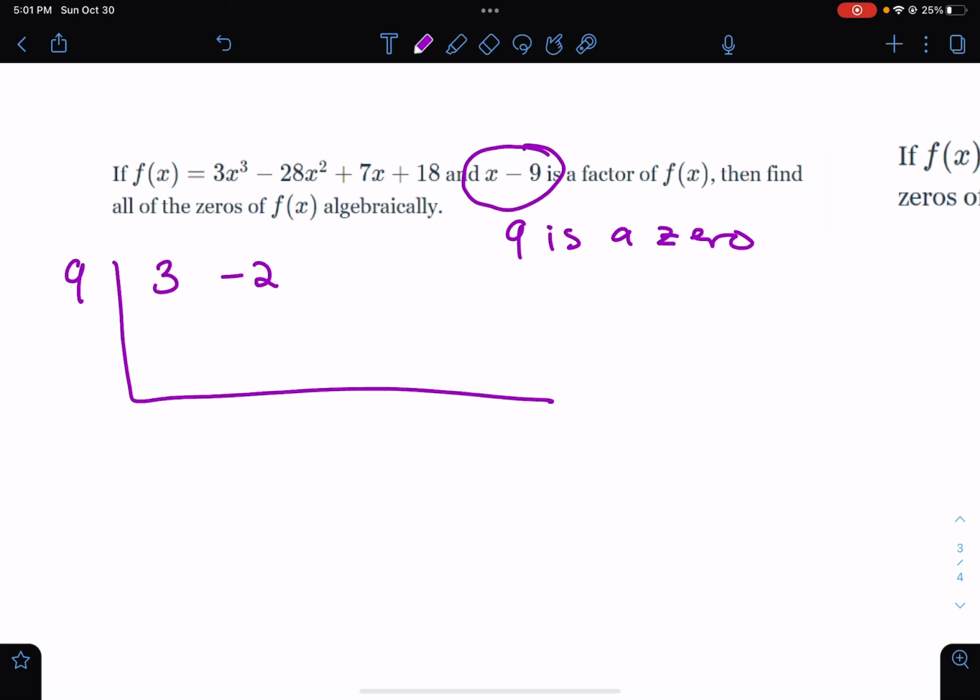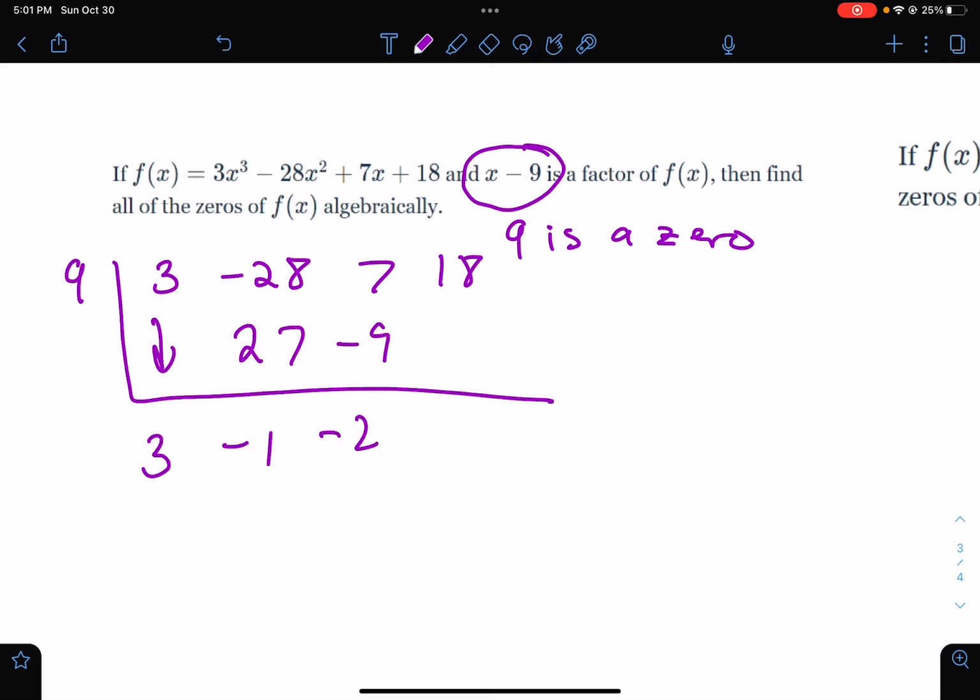So we get 3, minus 28, 7, and 18. We drag down the 3, then 27, negative 1, negative 9, negative 2, negative 18. We get no remainder. Great.